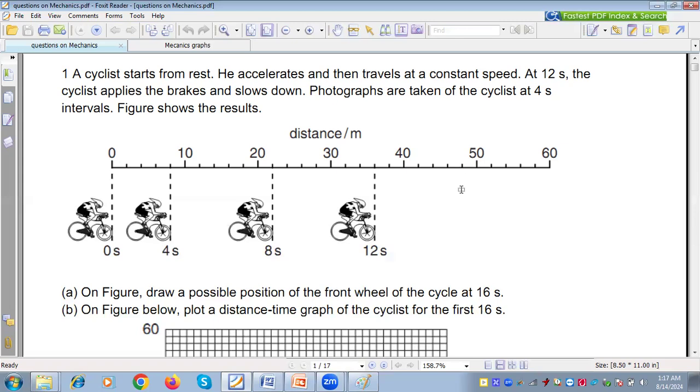I will mark anywhere in this position, say 44. You could do 46, 48, any position before 50.